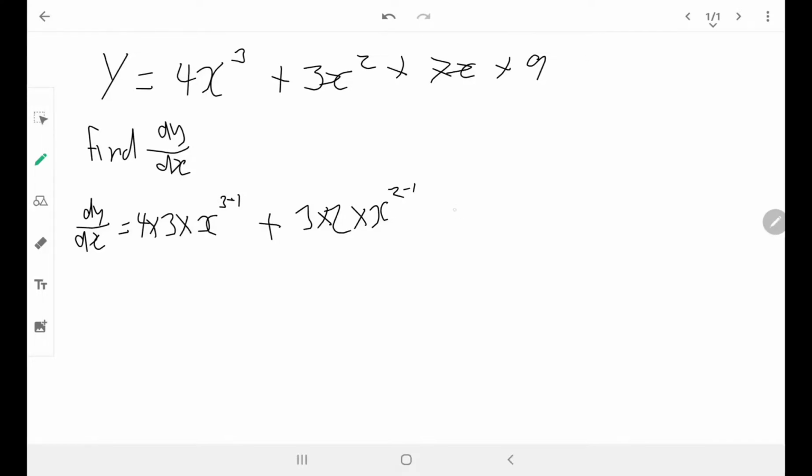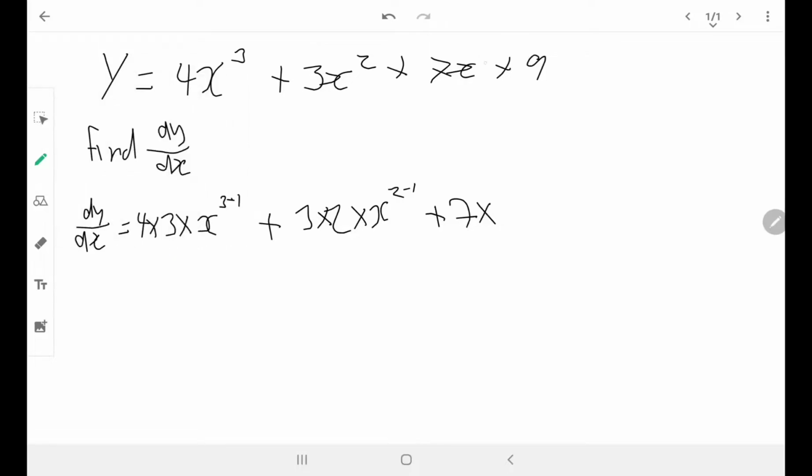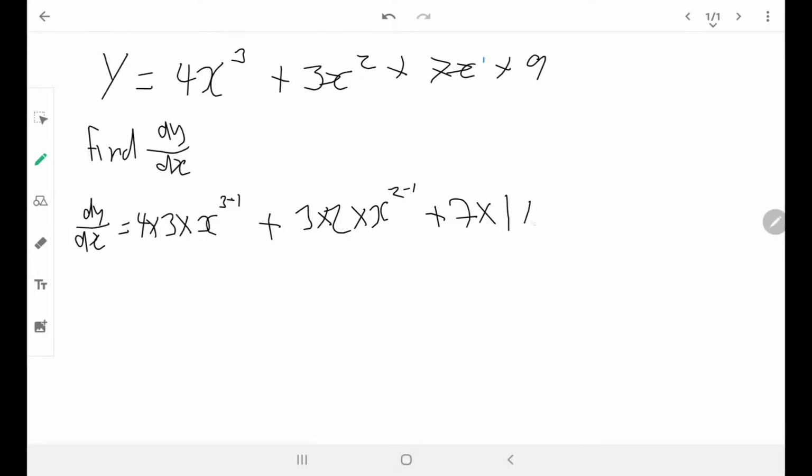We then have plus 7 times, well, normally this is actually just represented as x to the power of 1. So we're multiplying that by 1 times x to the 1 minus 1.